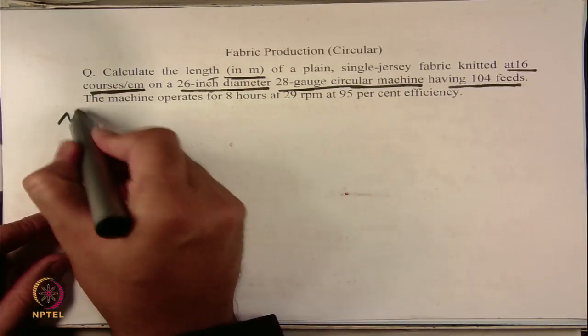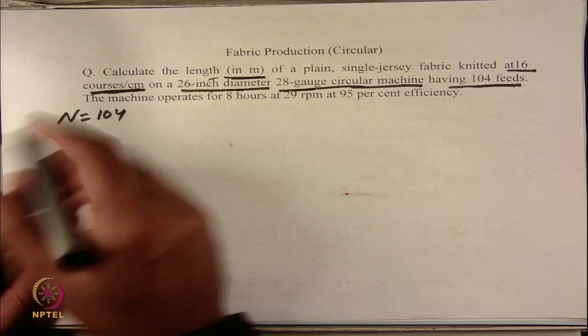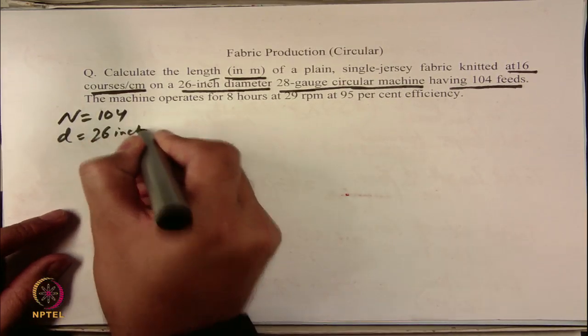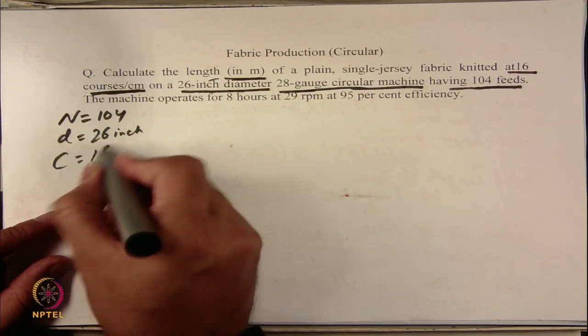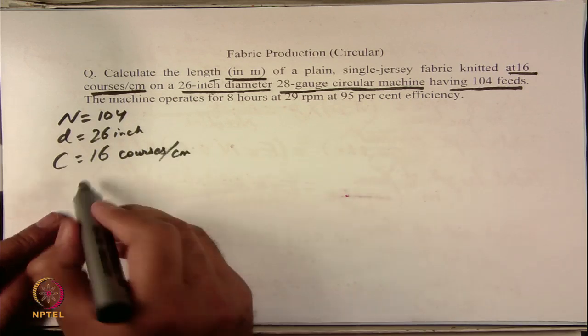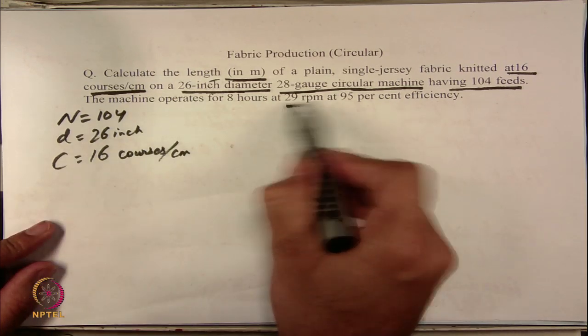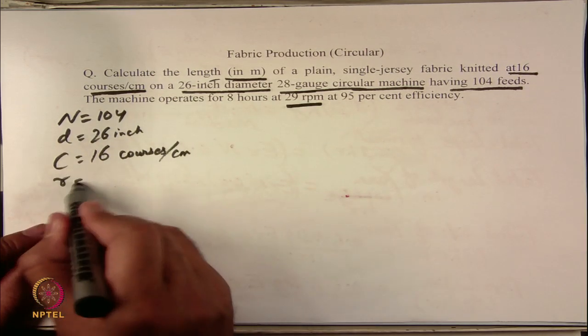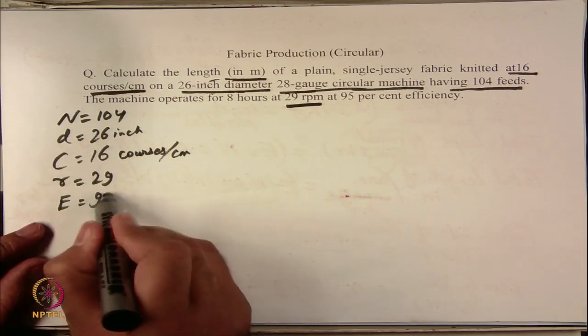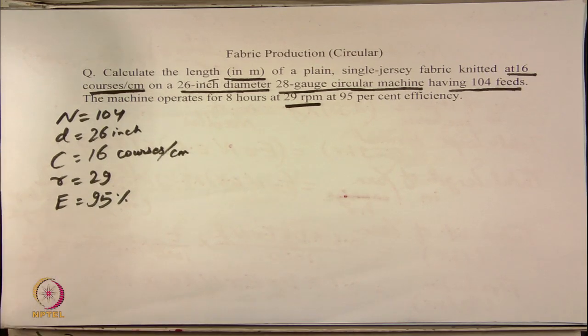So, n is equal to 104, diameter is equal to 26 inch, C is equal to 16 courses per centimeter, machine RPM is equal to 229, efficiency is equal to 95%. These are the values given to you.